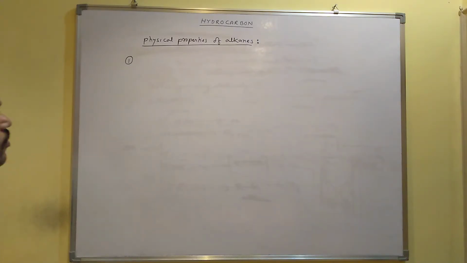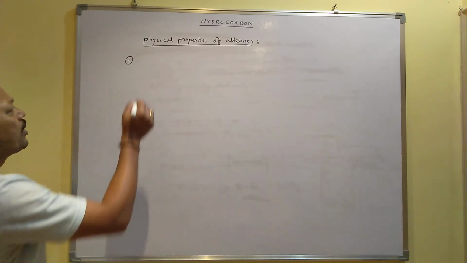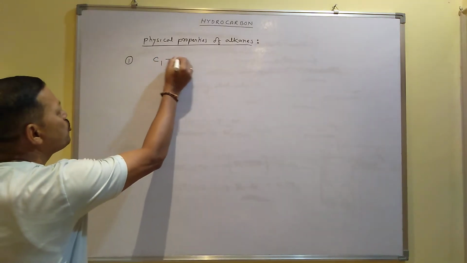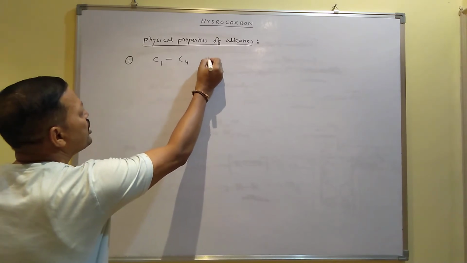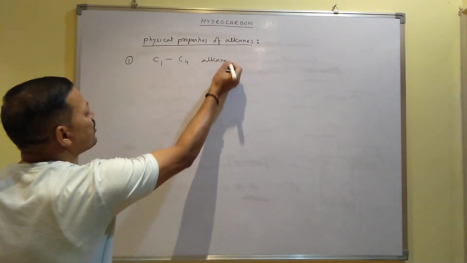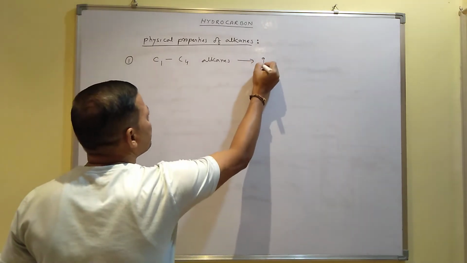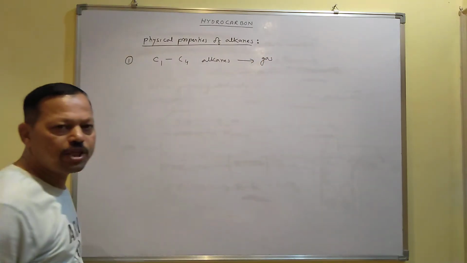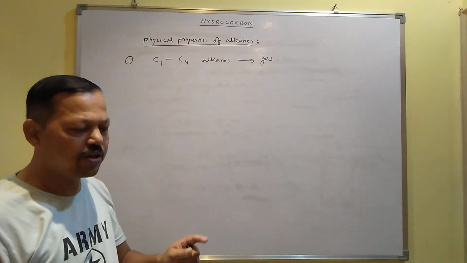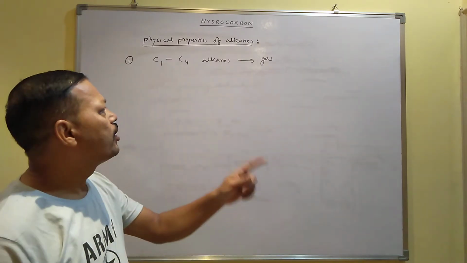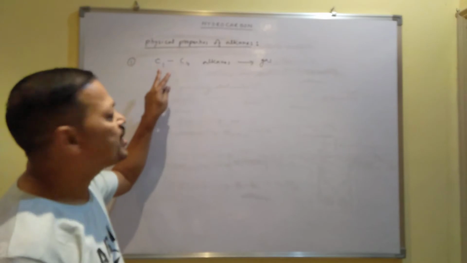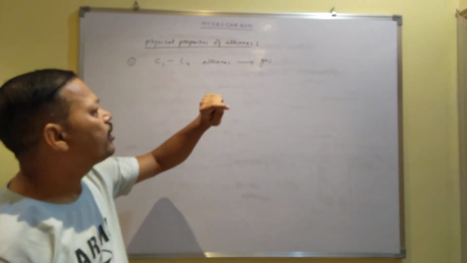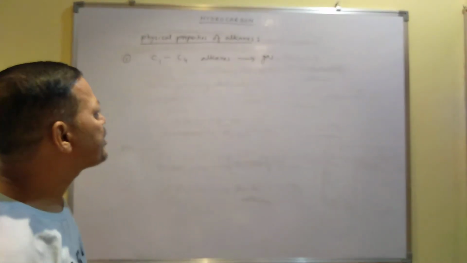So if you want to know about the physical properties of alkanes, the C1 to C4 alkanes exist as gas. C1 to C4 means the alkanes which contain 1 carbon to 4 carbon. Methane, ethane, propane, butane exist as gas.